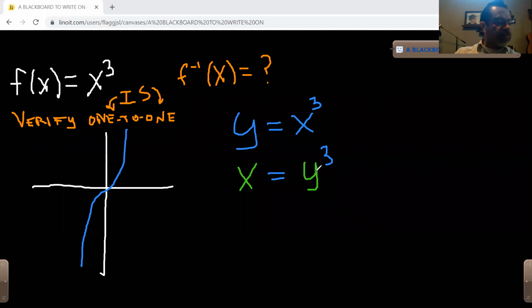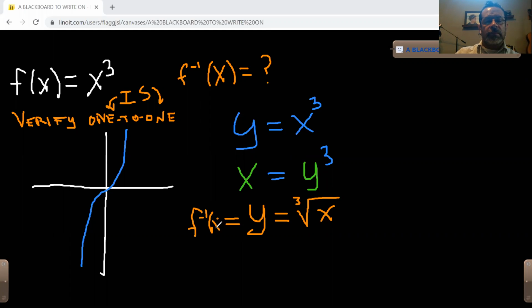And then we're going to solve for y. So this gives us y equals the cube root of x. And this is the inverse. Okay, that's the inverse of x.